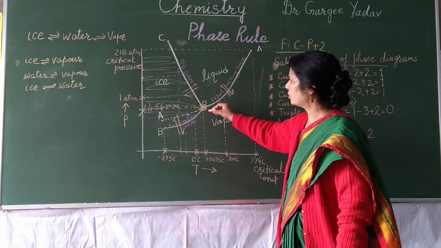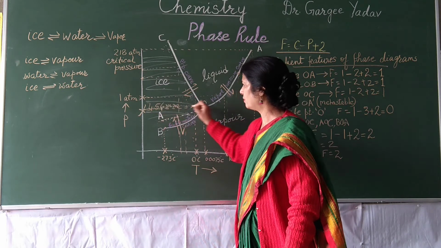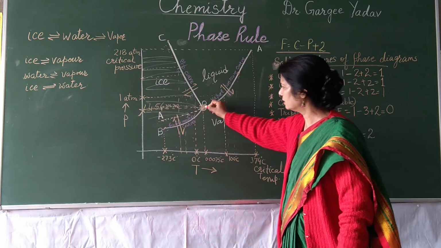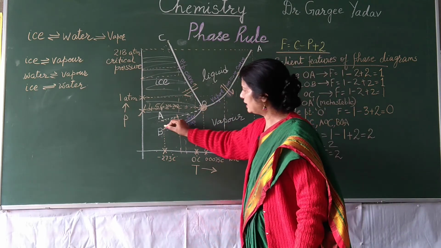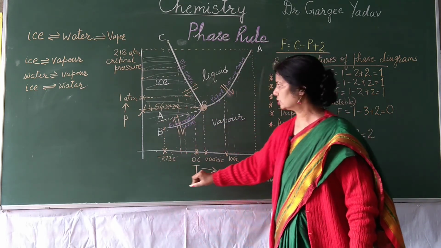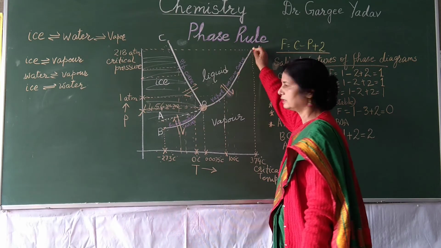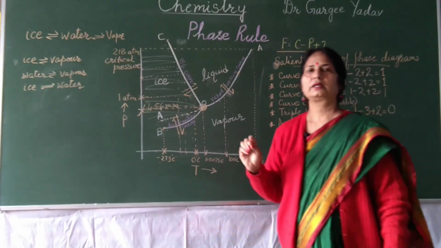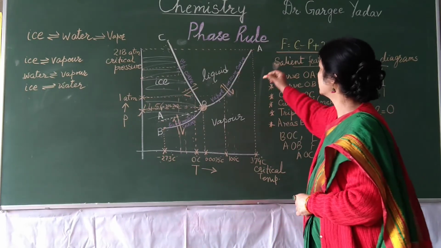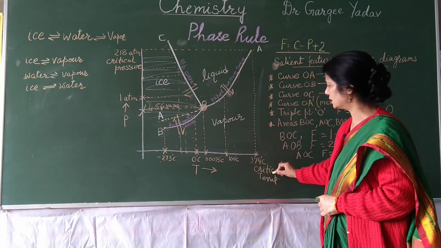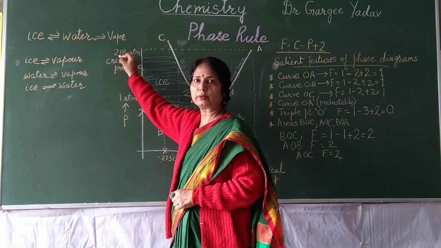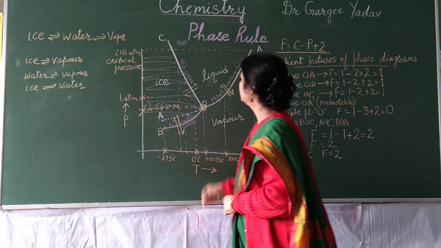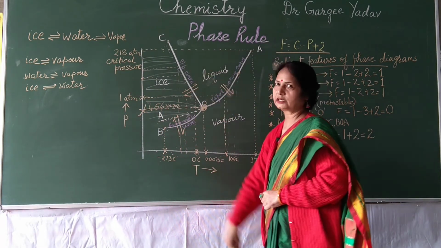The triple point corresponds to a pressure of 4.56 mm of Hg and a temperature of 0.0075 degrees centigrade. The OB curve ends at absolute zero temperature, and the OA curve ends at the critical temperature and pressure. A is the critical point: the critical temperature is 374 degrees centigrade for water, and the critical pressure is 218 atmospheres. And here is the curve OC, which is the melting point curve.